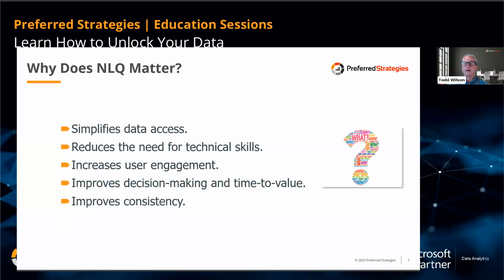For example, a common one is, I want to see sales. Somebody else might say, I want to see revenue. Somebody else might say, I want to see bookings. Having consistency across that can be improved by using natural language and driving consistency there.